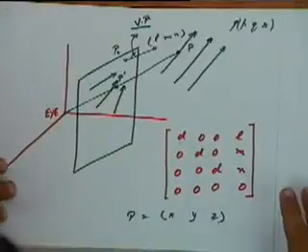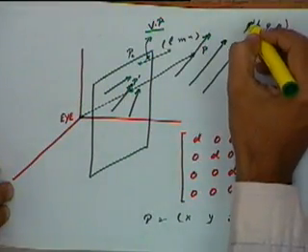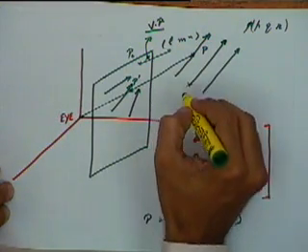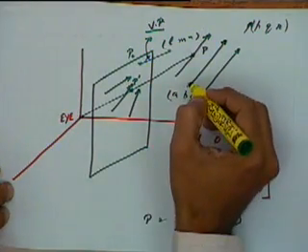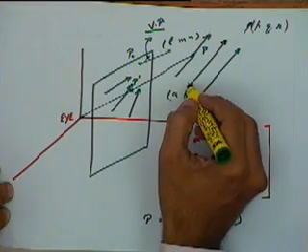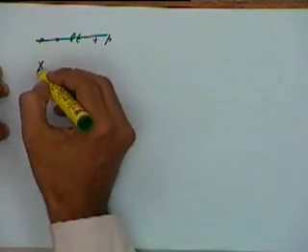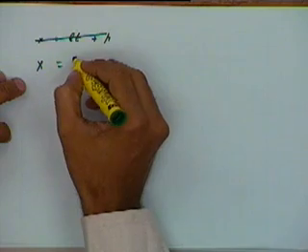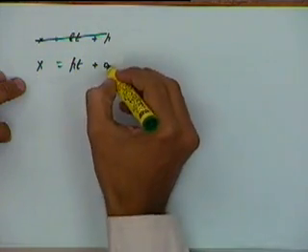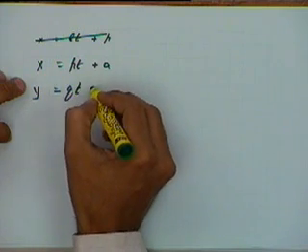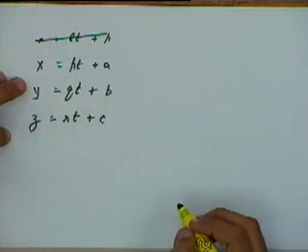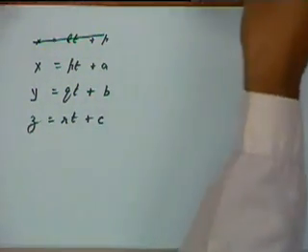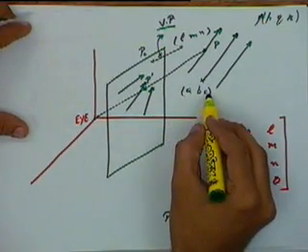Just one second. PQR is the direction. Let us take any arbitrary point here, which is A, B, C. If I want to write down the equation of a line passing through the point ABC in the direction of PQR, that equation would be x equal to P times T plus A, y equal to Q times T plus B, and z equal to R times T plus C. Now here ABC was any arbitrary point.